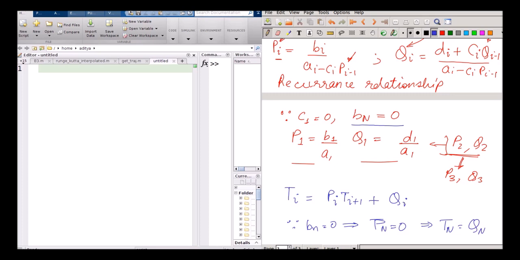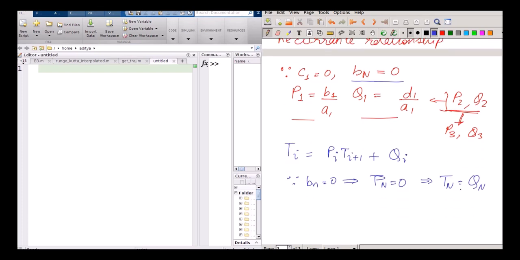And once Tn is known, I can simply put I equal to n minus 1 and obtain Tn minus 1 is equal to Pn minus 1 Tn plus Qn minus 1, where we'll recall that all the P's and Q's are already found from the forward substitution step, and now my task is to just go backwards in T and evaluate all the values of Tn. So this is how the algorithm works.